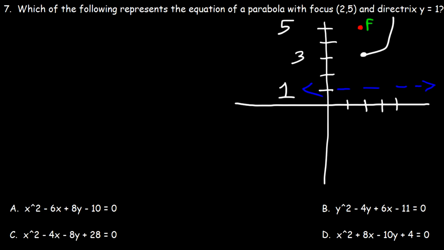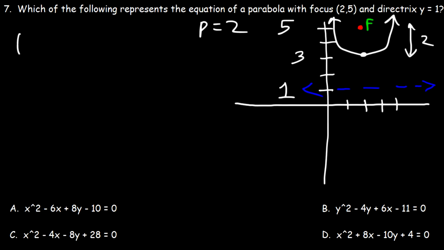And the graph is going to open up towards the focus. The distance between the focus and the vertex is p. So we can see that p is equal to 2. Now, what is the standard equation for a parabola that opens in the upward direction? Here's the formula that goes with it.